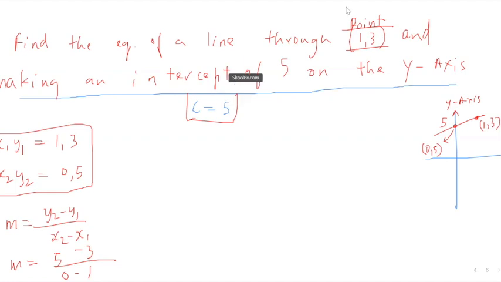Using that, I was able to work out one more coordinate, (0, 5), because this is where the line touches the y-axis. If the y-intercept is 5, that point will be (0, 5), because the x-coordinate on the y-axis is always 0. You're clear with that, guys? Yes, sir.